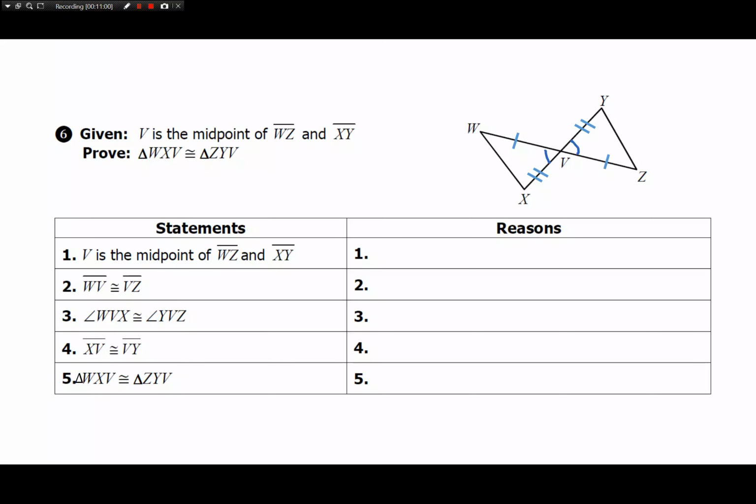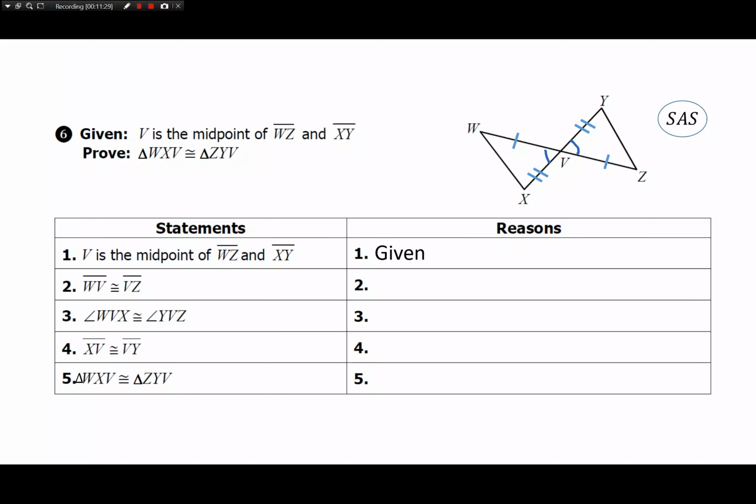Now looking at our picture, we can clearly see that we have two sides congruent with the angle between them congruent, so it is side, angle, side. Again, I'll circle that so I make sure I note what I am going to do to get this final proof. Statement 1 says V is the midpoint of segment WZ and segment XY. The reason why I know that is it was given.